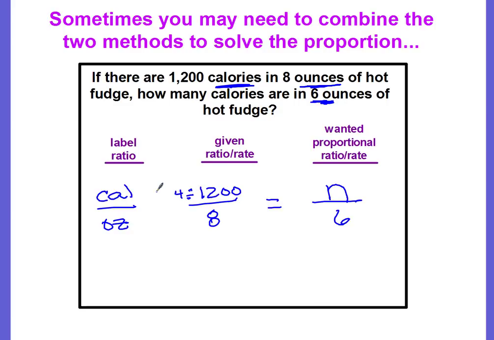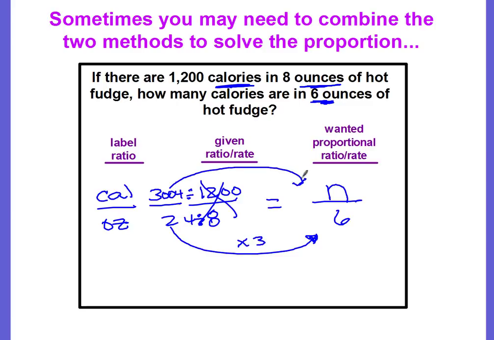When I divide 1,200 by 4, I get 300. When I divide 8 by 4, I get 2. So I'm going to cross out my old and use my new. So here I'm going to go from 2 to 6, scale factor times 3, and I'm going to do 300 times 3, which is going to give us 900.